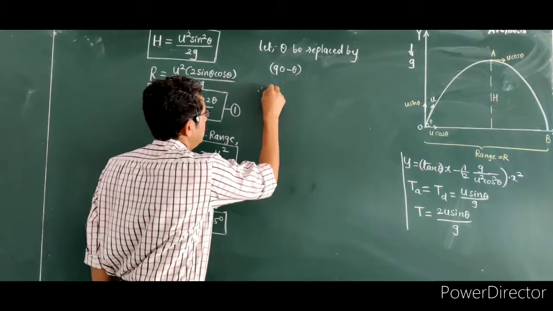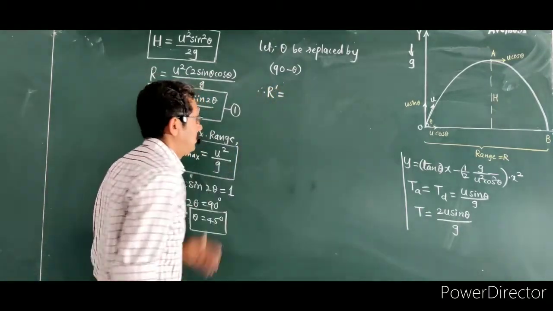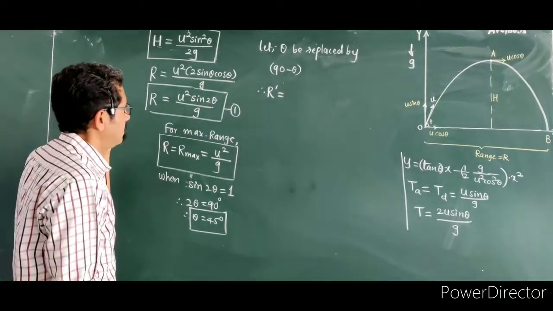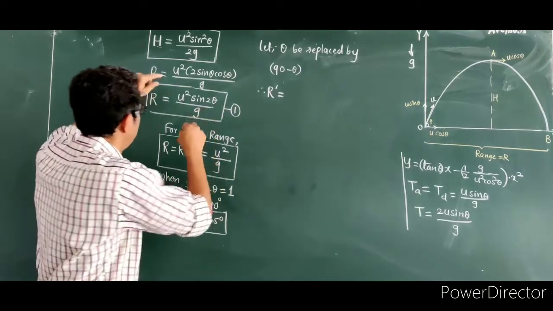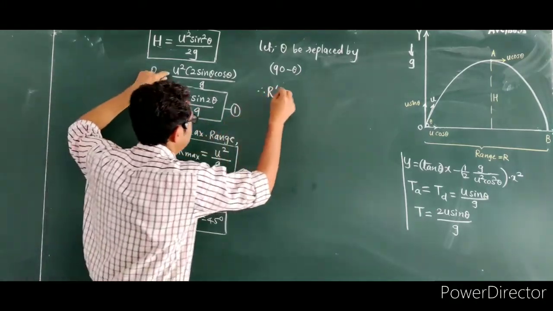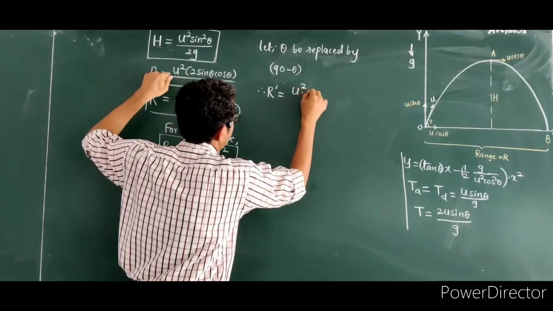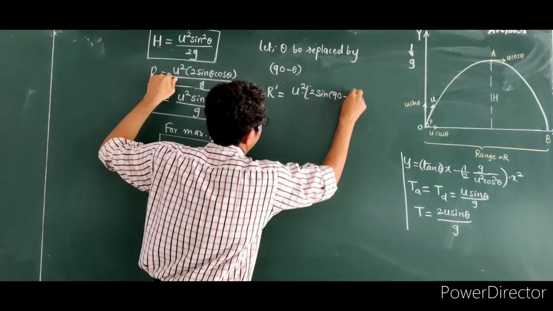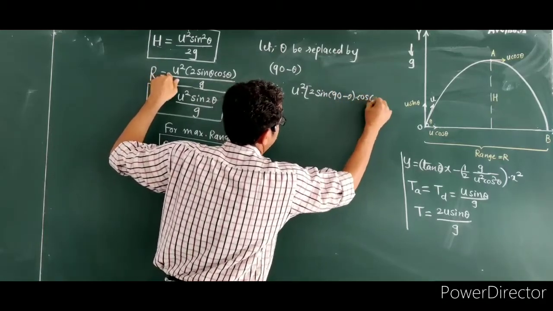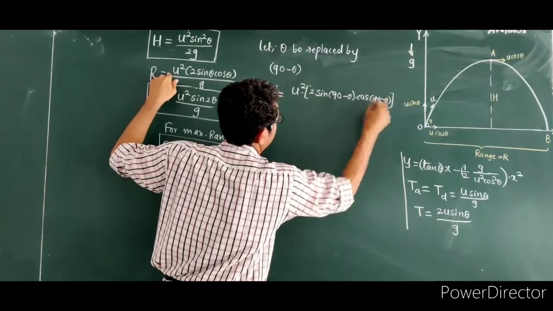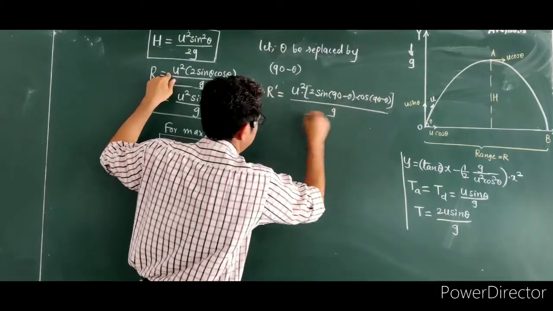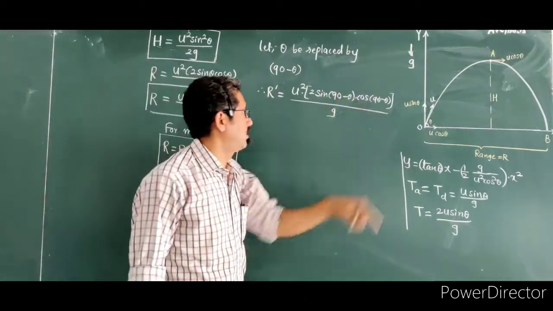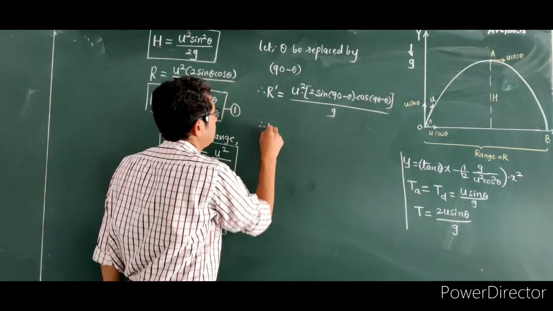So in that case, the new range of the projectile, I would call it R dash, will become R dash equal to u squared into 2 sine of 90 minus theta into cos of 90 minus theta, entirely divided by g. But sine of 90 minus theta is equal to cos theta, and cos of 90 minus theta is sine theta.